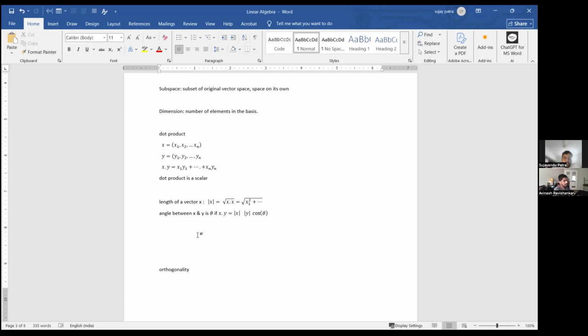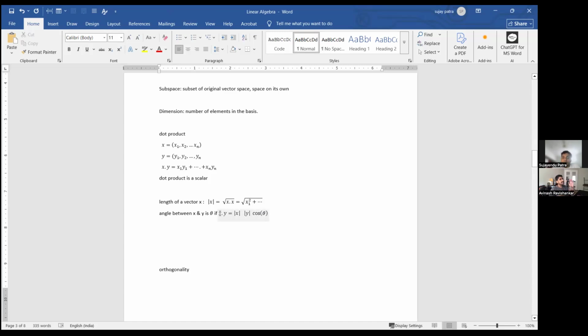The second thing is slightly more tricky to give an intuition for, but the idea is that if x and y are pointing in the same direction, then x dot y, the dot product, should be the square of the magnitude, because the angle theta should be 0, so cos theta will be 1. On the other hand, if the vectors are perpendicular to each other, theta is 90 degrees, so cos theta will be 0.